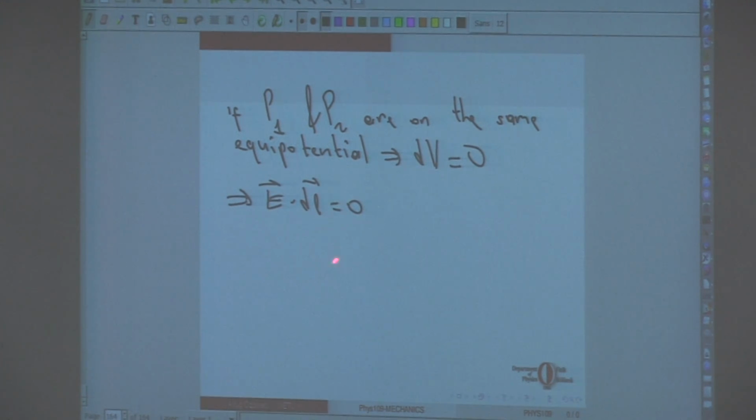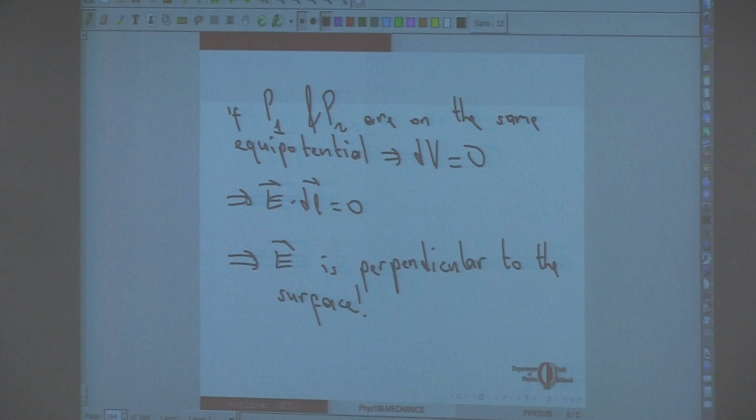But this just means that E and dl are perpendicular to each other for any dl on the surface. E is perpendicular to the surface. So this also tells us the direction of the electric field lines.